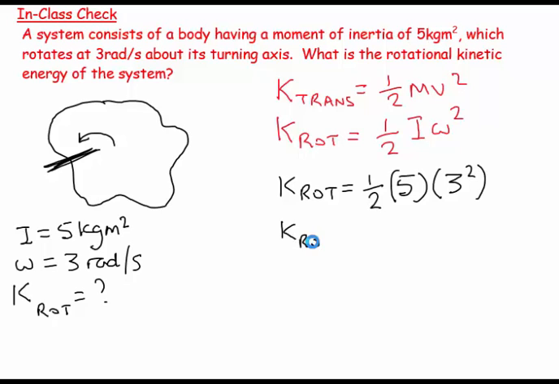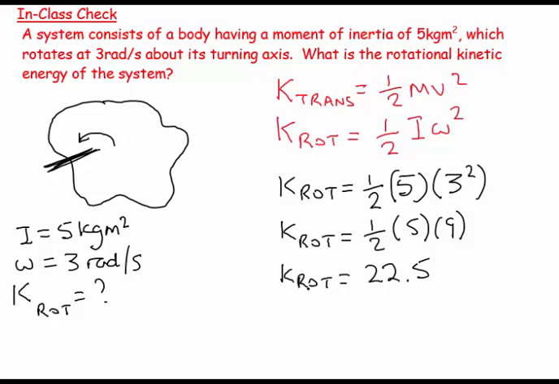So K rotational is equal to 1/2 times 5 times 9. 5 nines are 45, and 1/2 of 45 is 22.5. And the units, well, it's kinetic energy, so the units are joules.